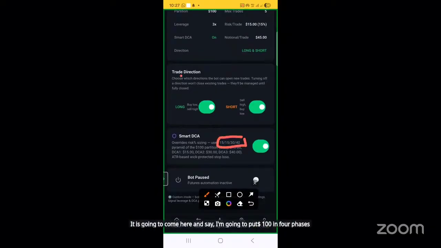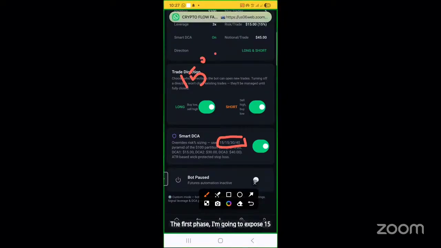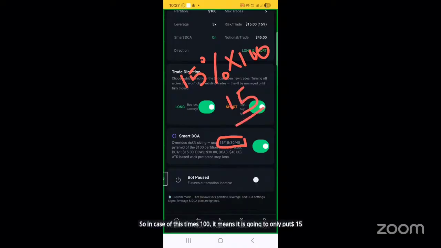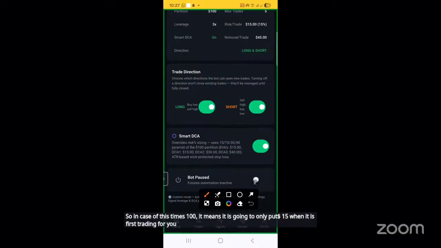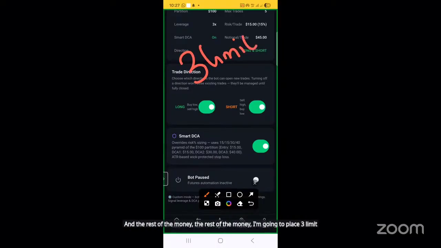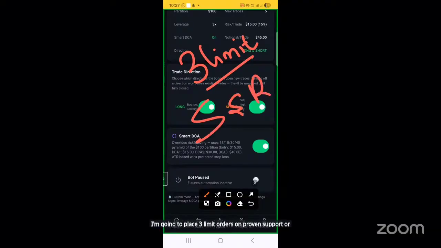The first phase, I'm going to expose 15% of the $100. So in the case of $100, it means it is only going to put $15 when it is first trading for you. And for the rest of the money, I'm going to place 3 limit orders on proven support or proven resistance.